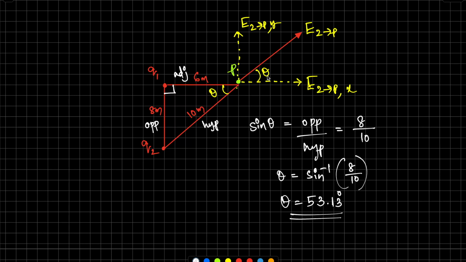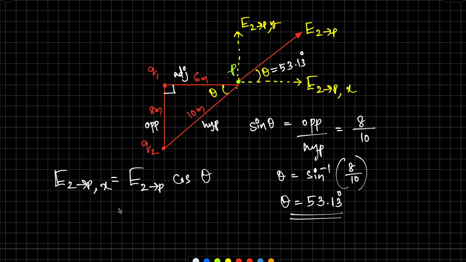Okay, so we have this angle, 53.13 degrees. Now we can easily find the x and y components. E2 at P, the electric field by charge 2 at P, x component will be, check this picture, the x component is touching theta, so it will be cosine: E2 at P cosine theta.